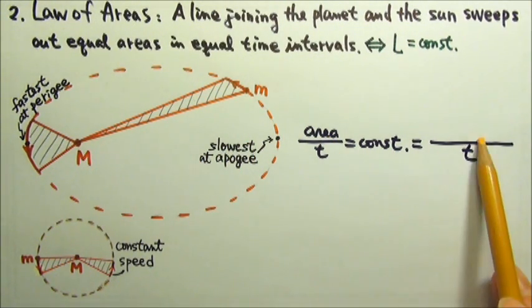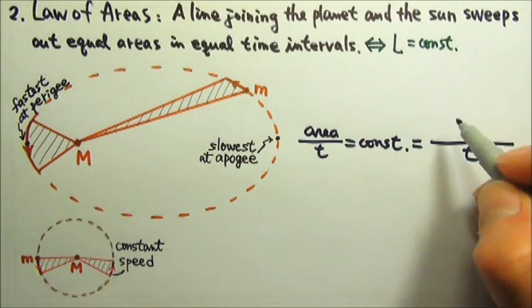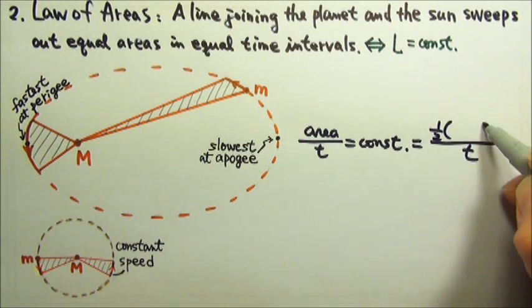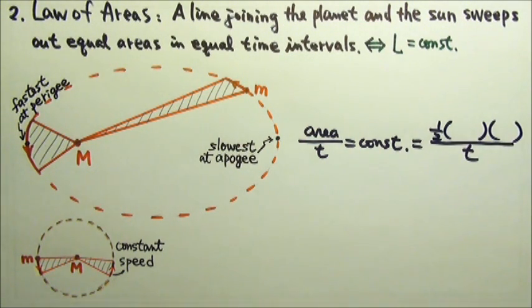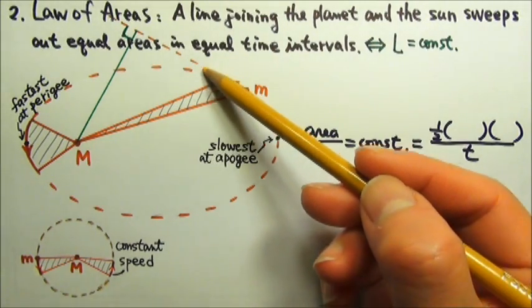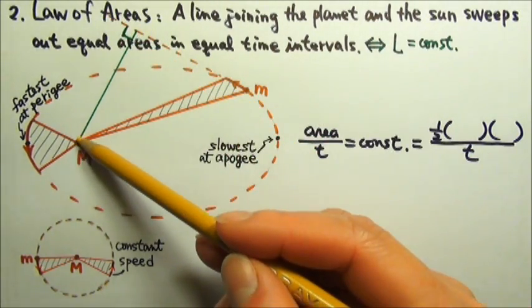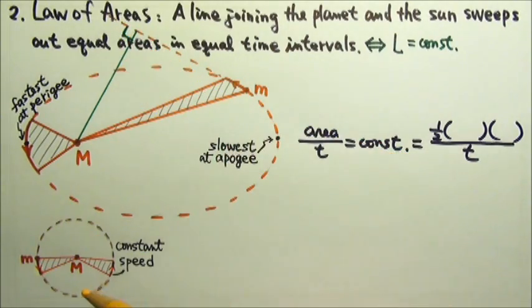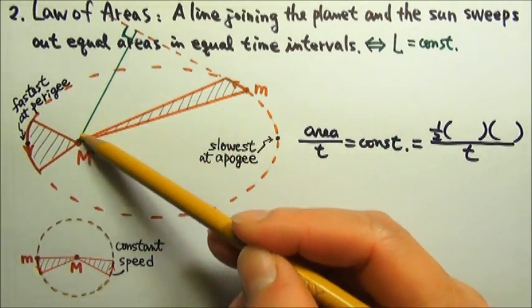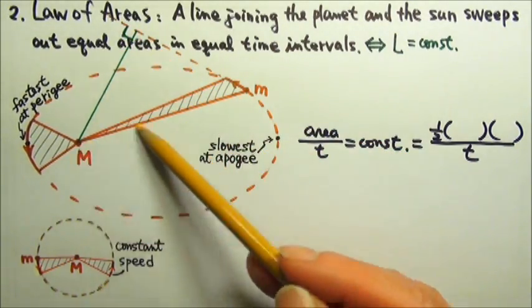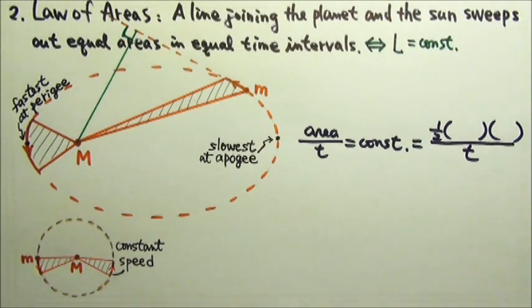What is the area of a triangle? It is 1/2 height times the base. To find the height of the triangle, I have to extend this line and then make a perpendicular line right here. This is the height of this triangle.